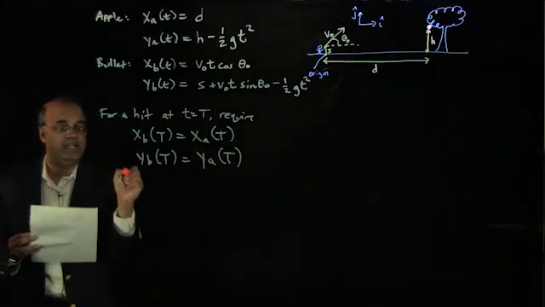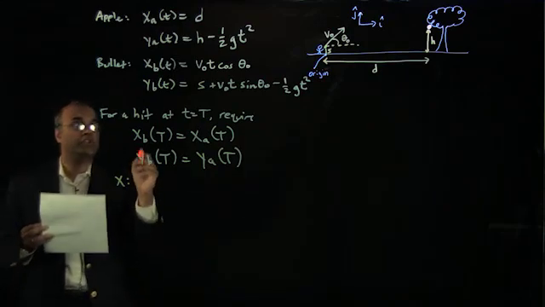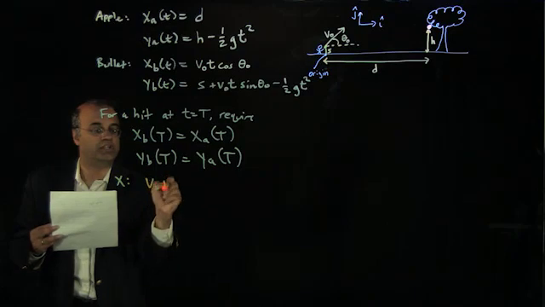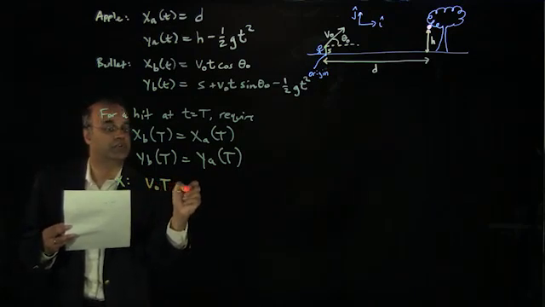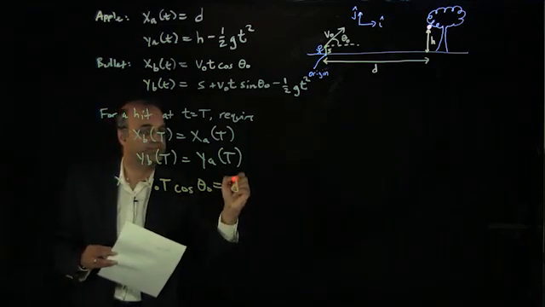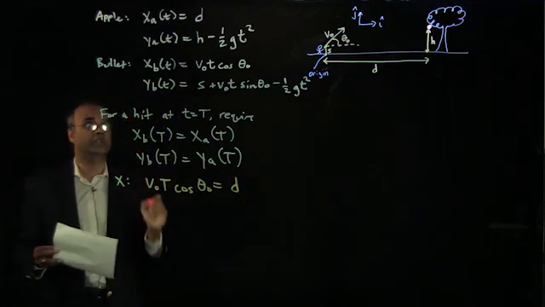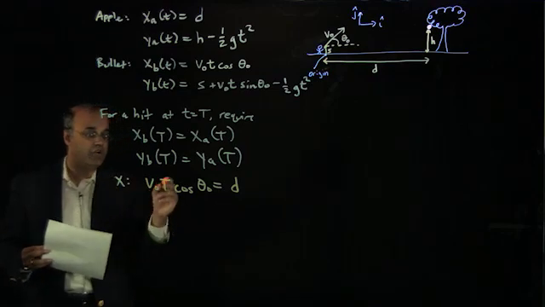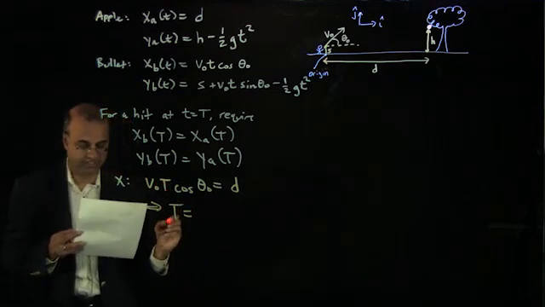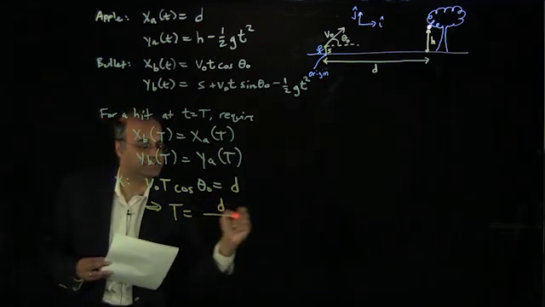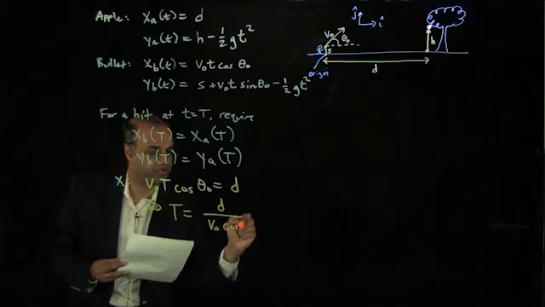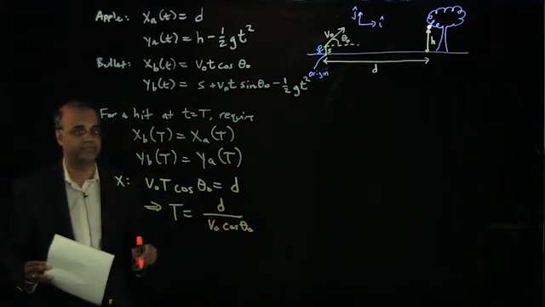For our x-coordinate, the x-coordinate of the bullet is v0 capital T times the cosine of theta naught, and that has to be equal to the x-coordinate of the apple, which is just d. So notice that I can solve this for the time of the collision, capital T, and that's just d divided by v0 times the cosine of theta naught.